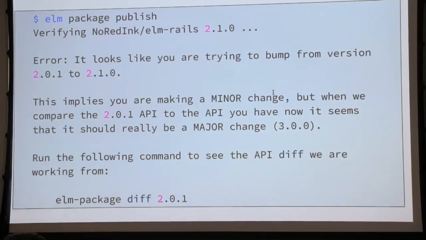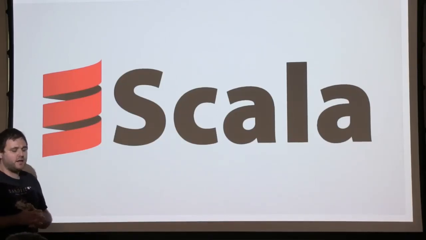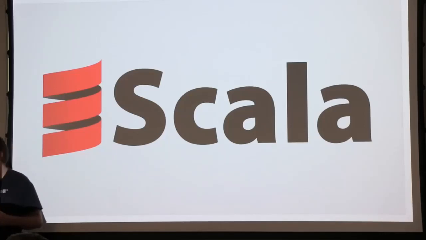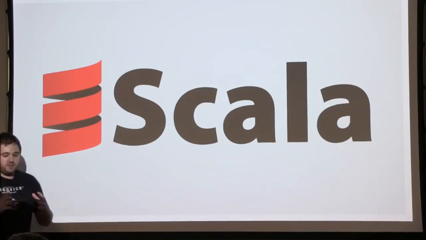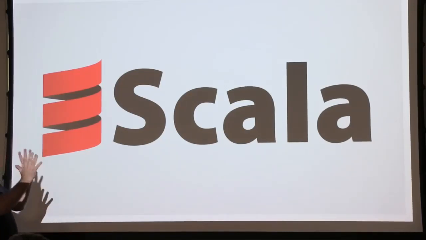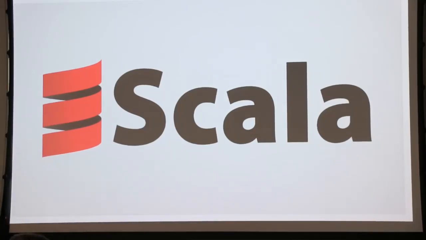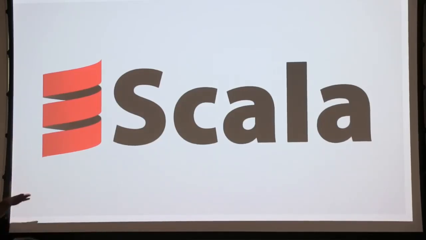Finally, there's Scala. Now Scala is interesting because it's also a multi-paradigm language. What makes it special is that it's multi-paradigm, but in a good way. It treats both paradigms, the object-oriented and the functional paradigms, more or less equally.